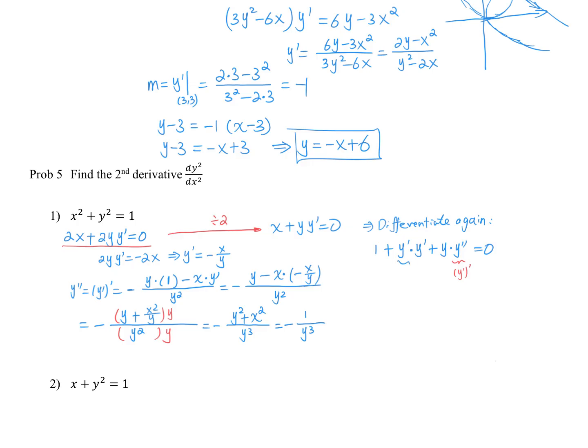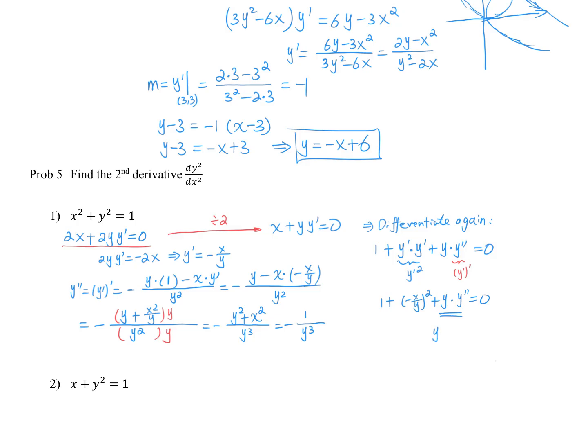This is actually y prime squared, right? So here we have 1 plus, and what is y prime squared? We already know y prime, so let's square this. It's negative x over y, squared, plus y times y double prime equals 0. And let's isolate the term with y double prime.